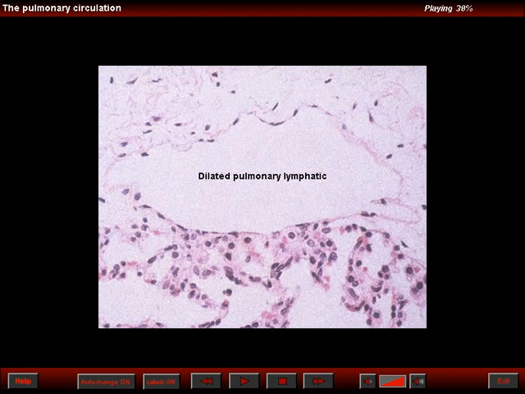If one has obstruction of the venous system of the lungs, then interstitial and intraalveolar fluid will find its way into the lymphatic system, and dilated lymphatics will be observed. The dilation of the lymphatic system can be so prominent that congenital pulmonary lymphangiectasias of the lung often have been diagnosed when actually the primary process has been in the pulmonary veins.